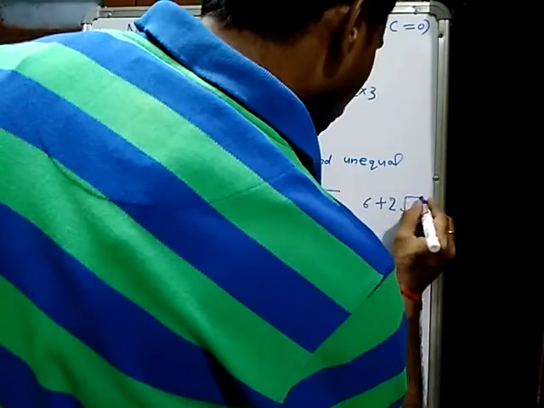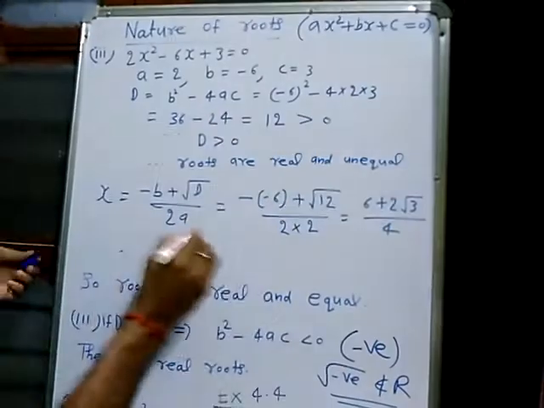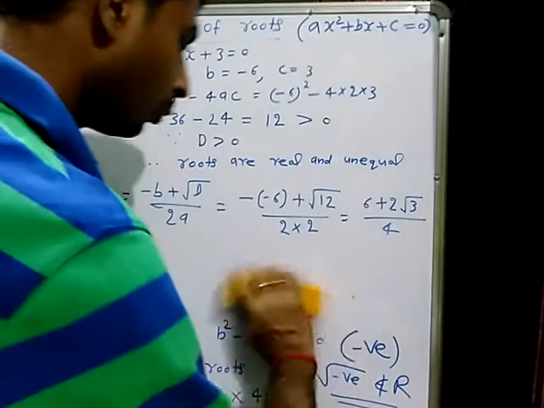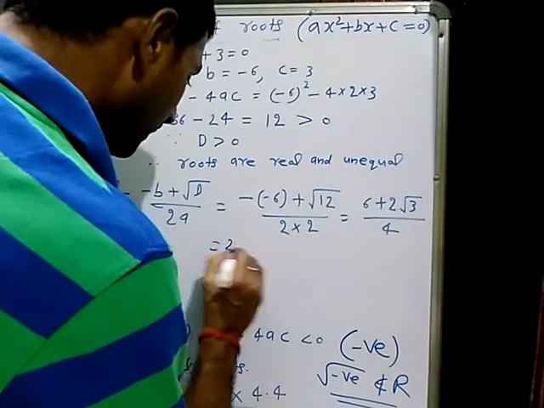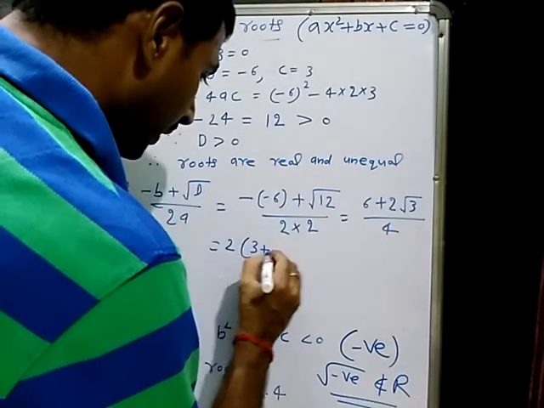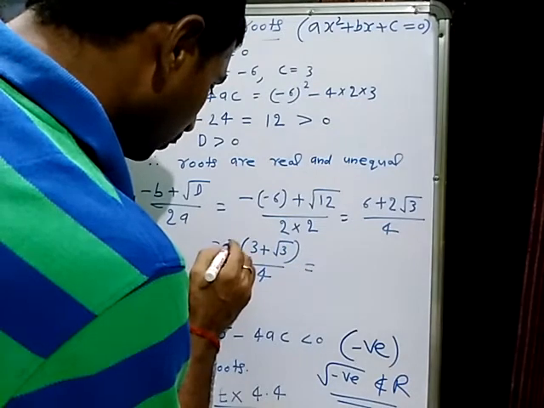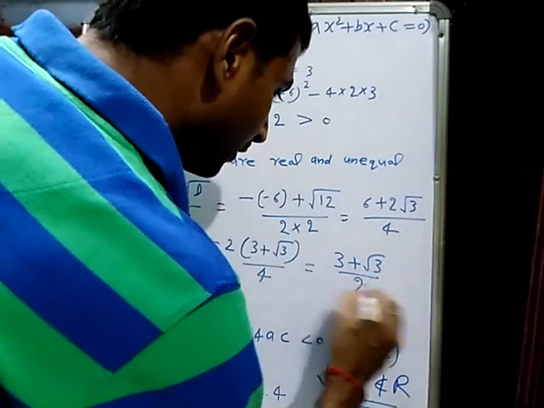So 2 root 3 upon 4. Correct? From this I can take 2 as common and cancel it. If I take 2 common, I get 3 plus root 3 upon 2. So 3 plus root 3 by 2 is the first root.